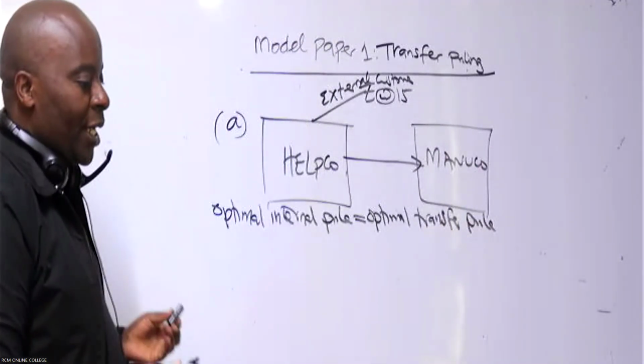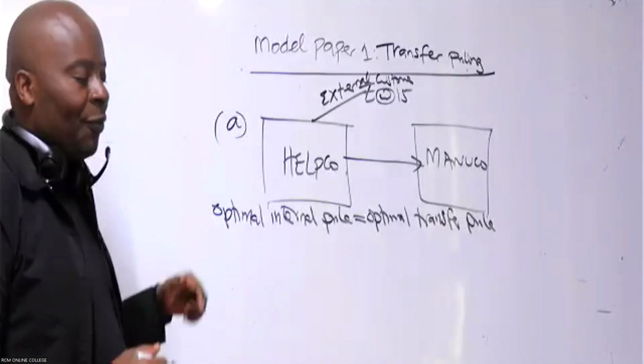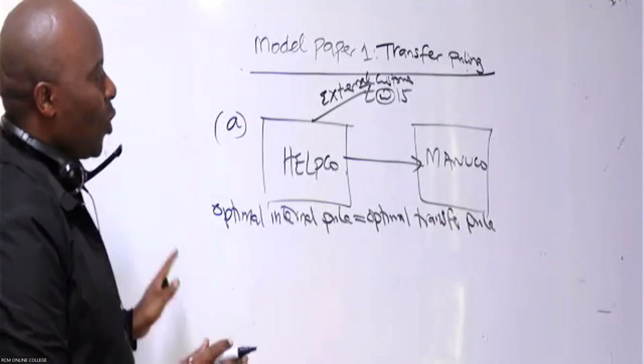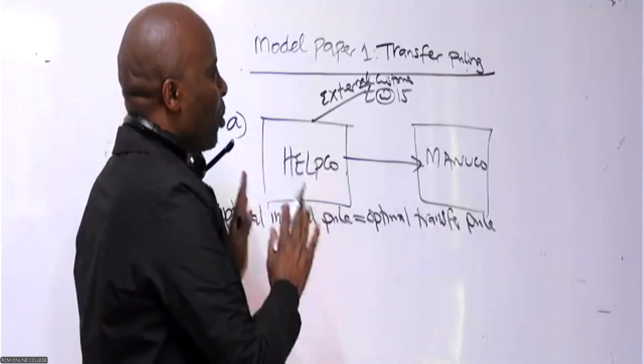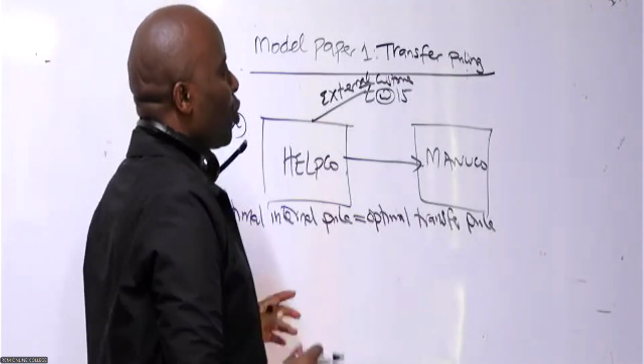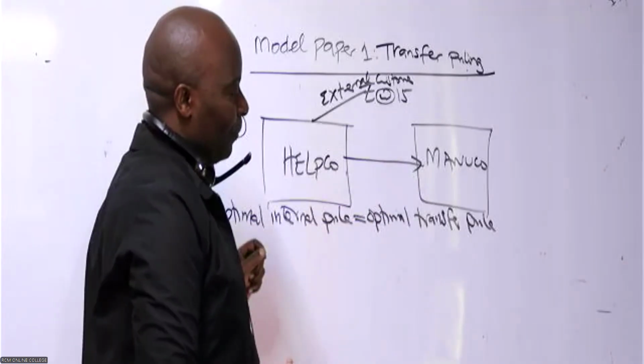So you see here, HelpCo is busy. It has external customers. If it has external customers, the only way out, optimally, to be able to give them our product Z, the units, is to ensure that we treat them as external customers.